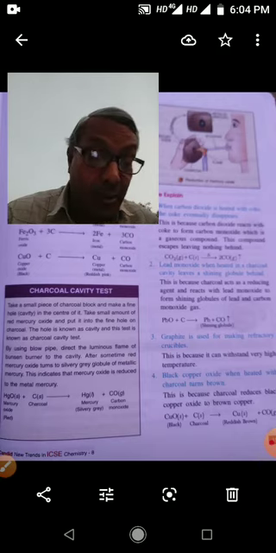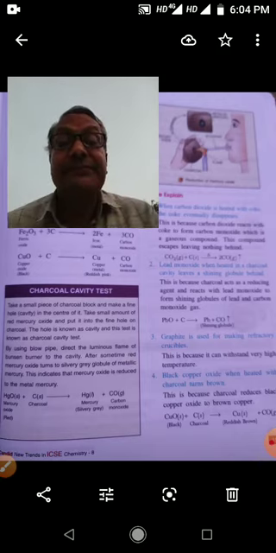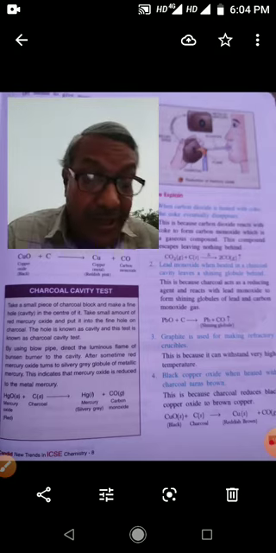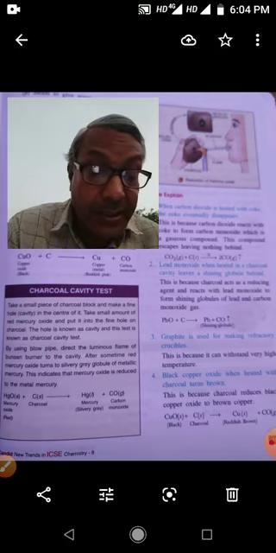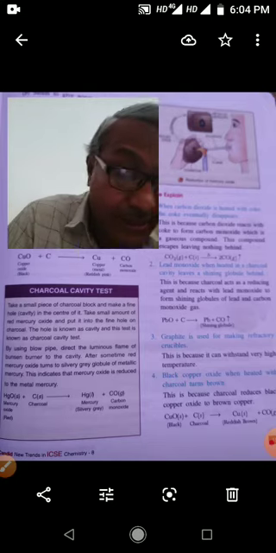Activity of charcoal can be tested by an experiment. In the experiment, a small piece of charcoal block is taken, and in the charcoal block a fine hole is made in the center.